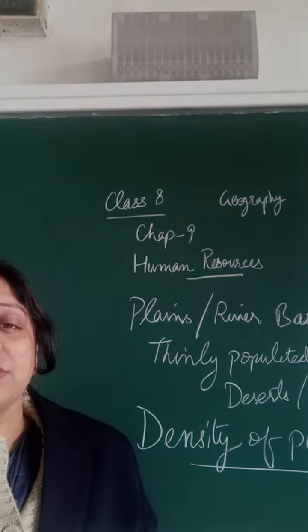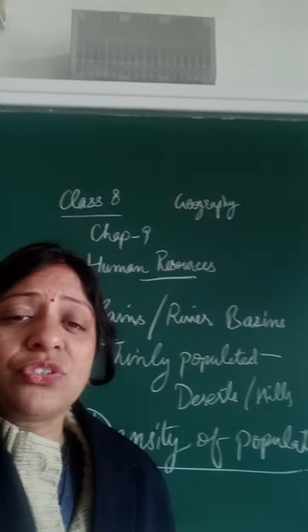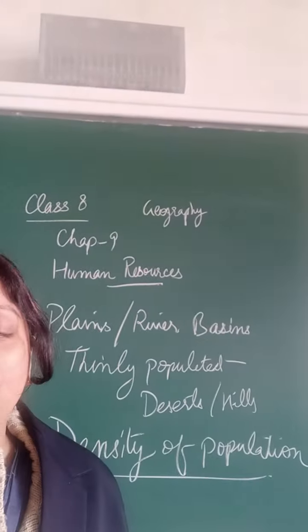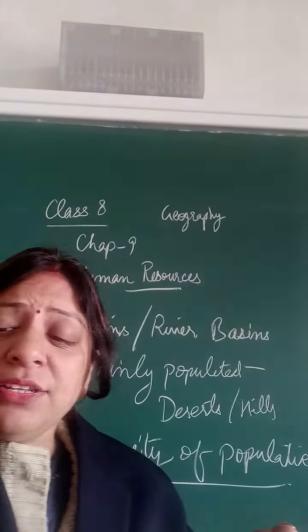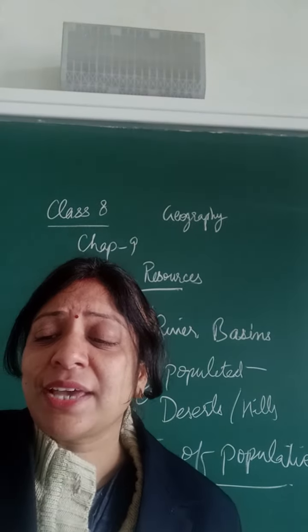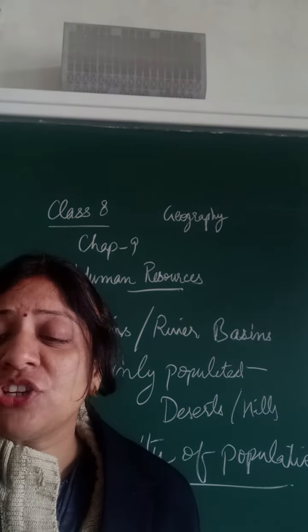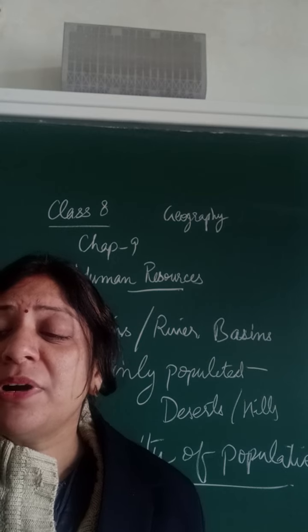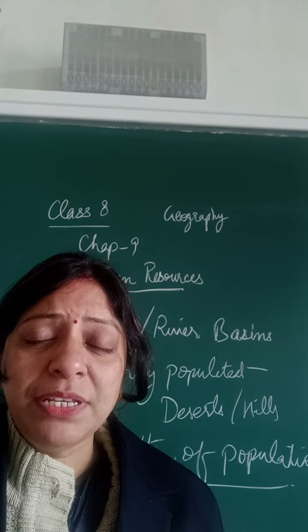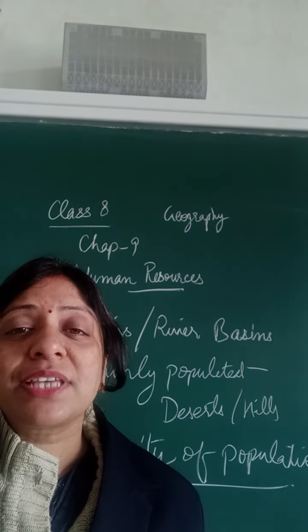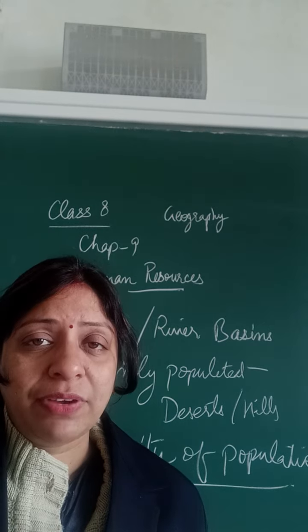Density of population is the next topic to start with. While population size is the total number of people in an area, population density is the number of people per unit area of land. That means population size depends upon how many people are living in that area.